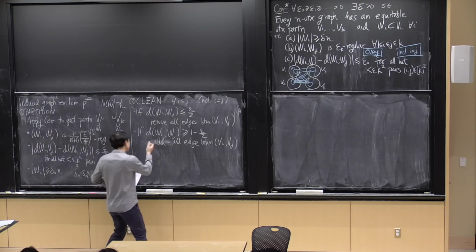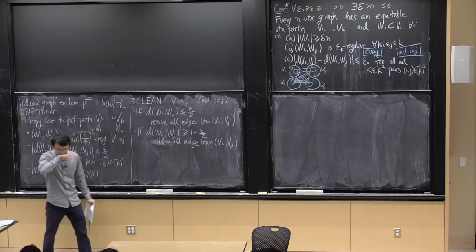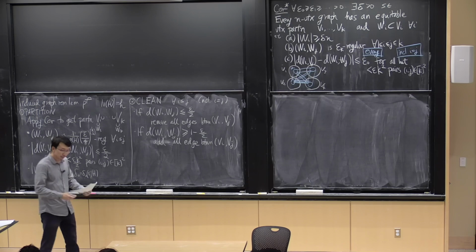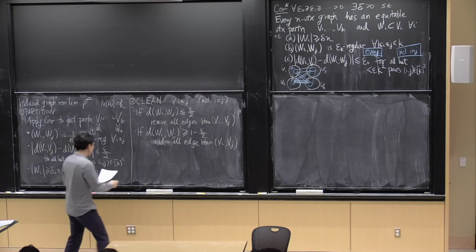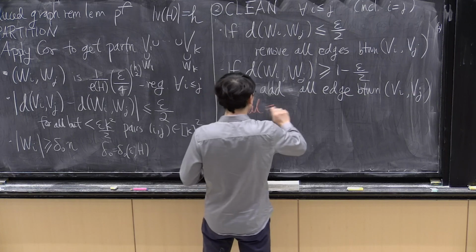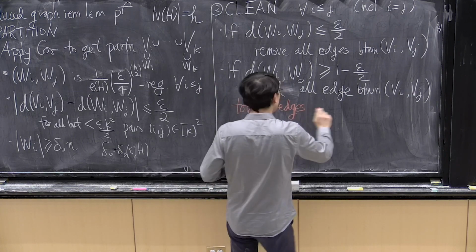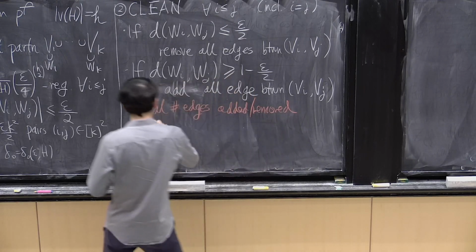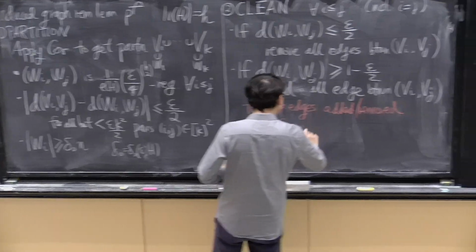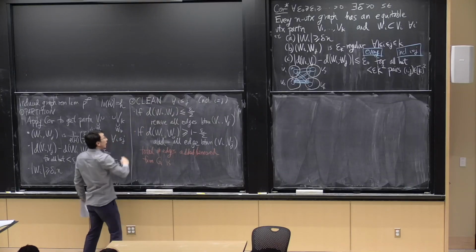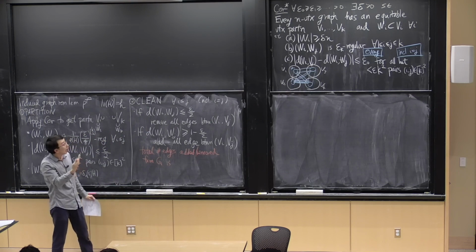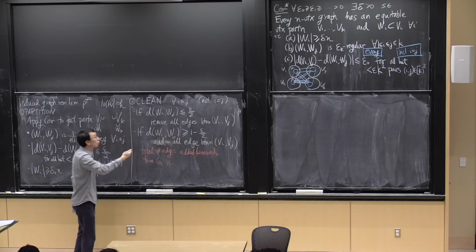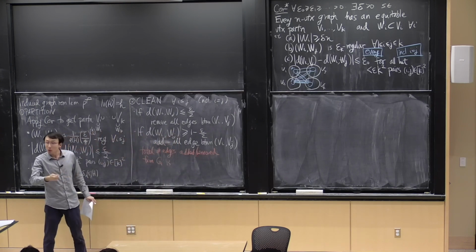How many edges do we end up adding or removing? If the edge density in G between the Vi's and Vj's is very small, then you do not remove very many edges.